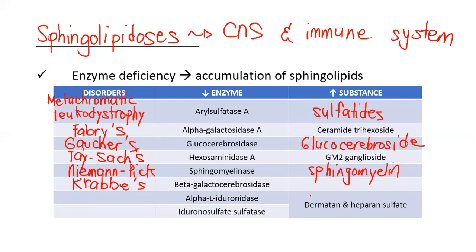So deficient enzyme would be beta-galactocerebrosidase. Thus, accumulating substance would be galactocerebroside. Okay. And lastly, we have Hurler syndrome, then Hunter syndrome.